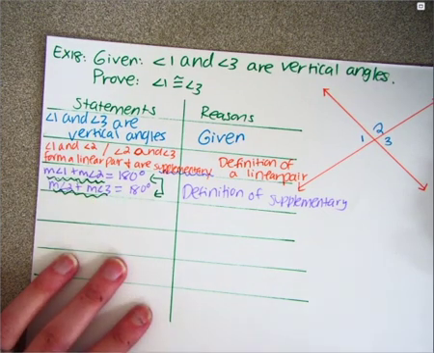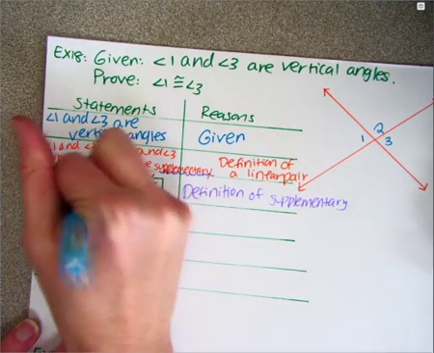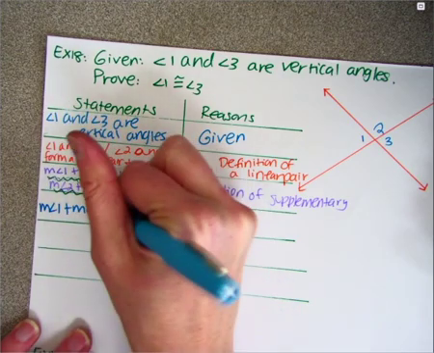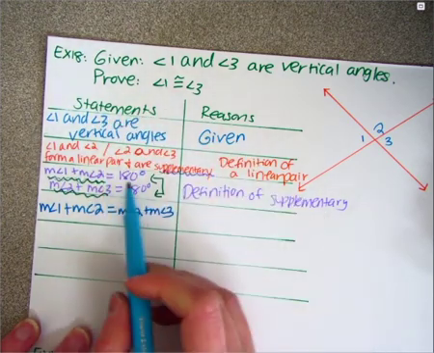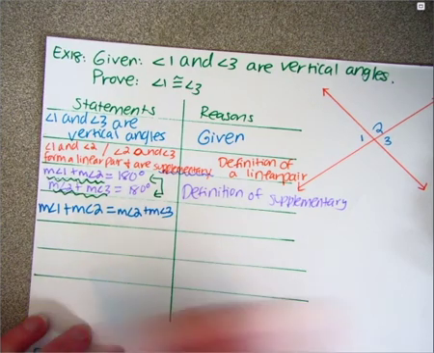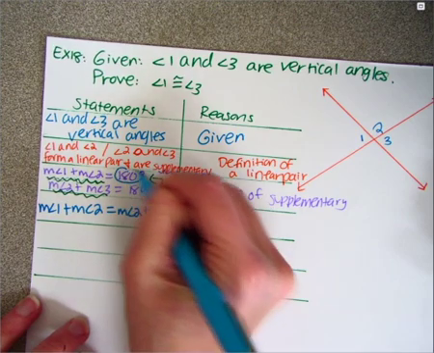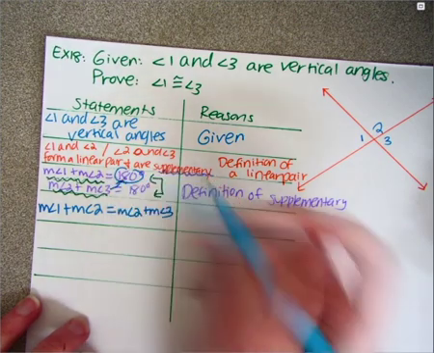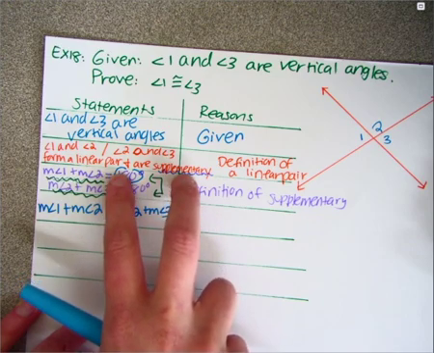Yes, it does. So my next step, I can say that the measure of angle 1 plus the measure of angle 2 will equal the measure of angle 2 plus the measure of angle 3 because they both equal the same thing. Also, since they both equal 180, I could technically replace this 180 with this statement and just slide this statement right beside measure of angle 1 and 2.